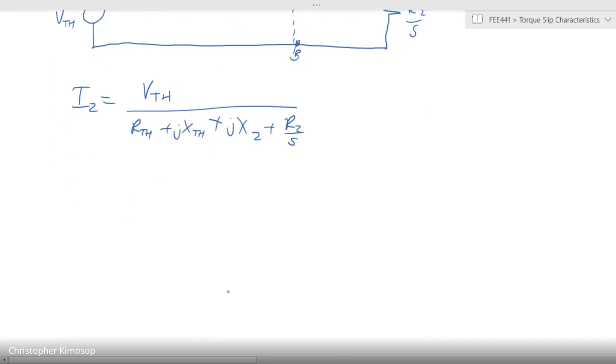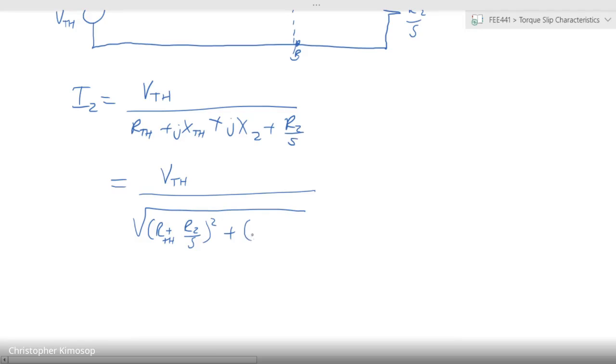Now, if we want to get the magnitude of the same, we would be able to modify it even further, and you would get the square root of the squares of the real elements plus the imaginary, or reactive, elements.